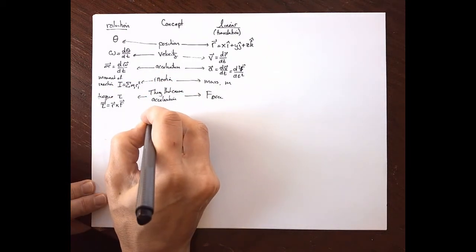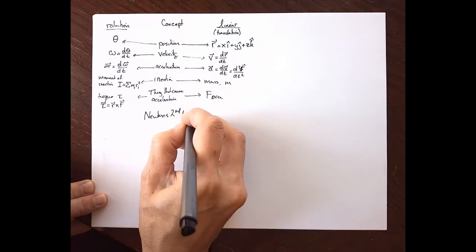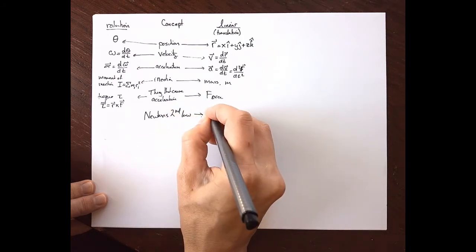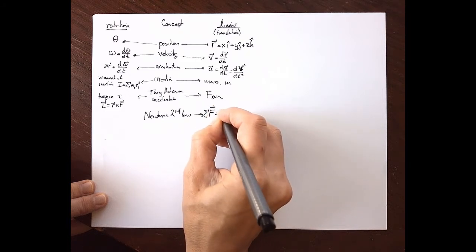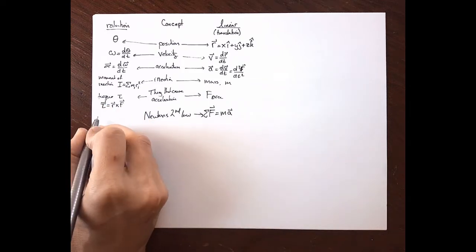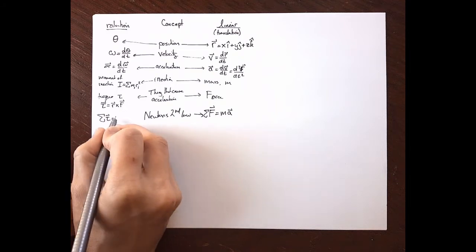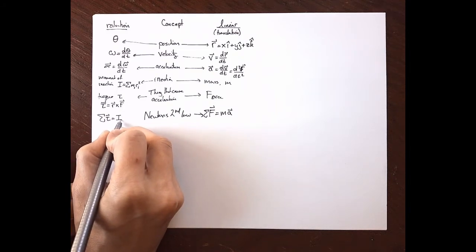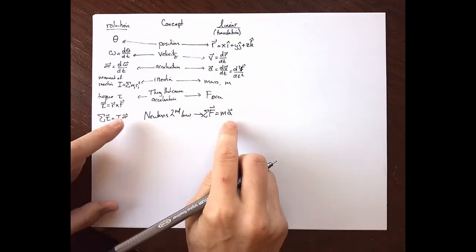we can get Newton's second law. In linear world, that is the sum of all the forces acting on an object is equal to that object's mass times its acceleration. In rotational world, that is the sum of all the torques acting on an object is equal to its moment of inertia, its mass thing, times its acceleration.